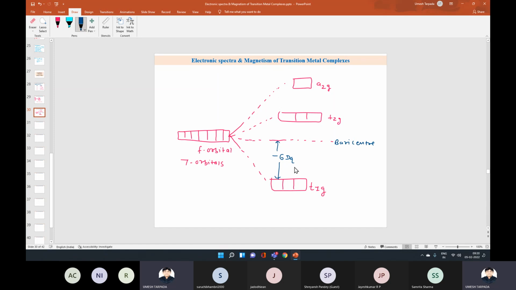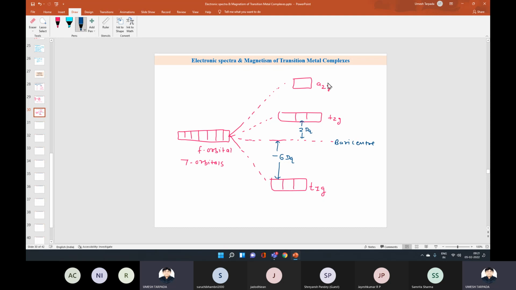Now the energy of the T2G orbital increases by 2 dq. So 3 orbitals are again there, and the total becomes 3 into 2, that is 6 dq.